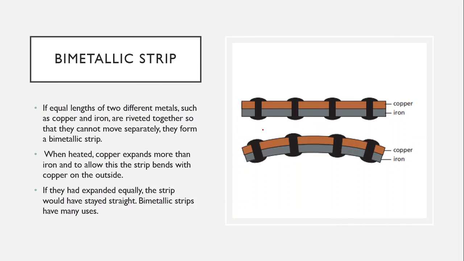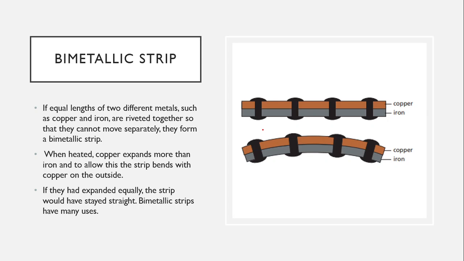Now a very important application of expansion is bimetallic strips. Different materials have different expansivities; some expand to a greater extent than others, and we make use of that property to build what is called a bimetallic strip.